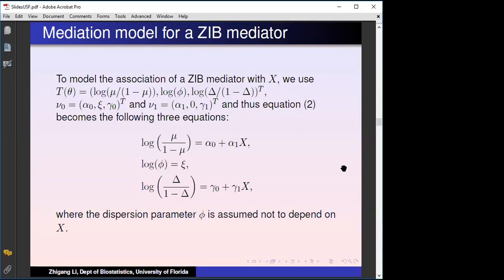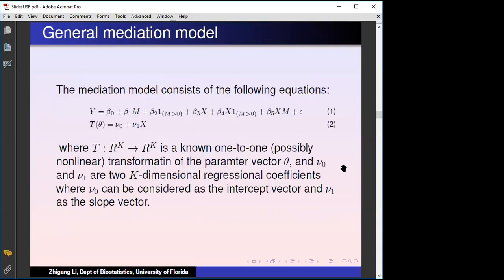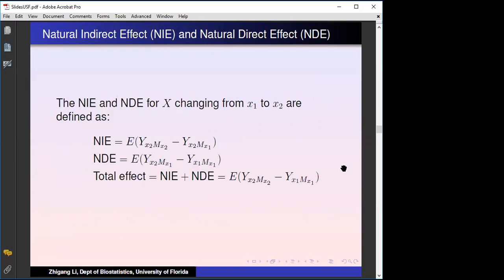I have a question, Dr. Li. So your model is cross-sectional, right? Do you need a temporal order between the exposure, the mediator, and the outcome? Oh, the model does not need that.